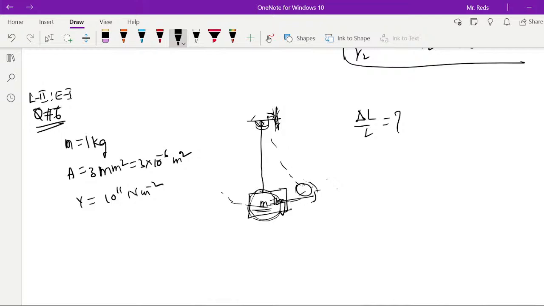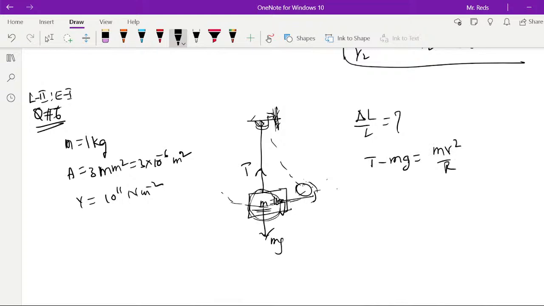At the lowest position, mg will act downwards and tension T acts in the upward direction. So the net force provides the centripetal force. The net force is T minus mg, which provides centripetal force mv square by r.